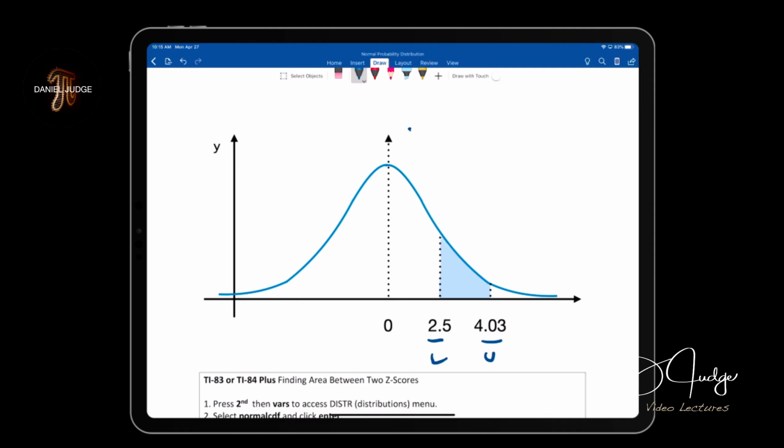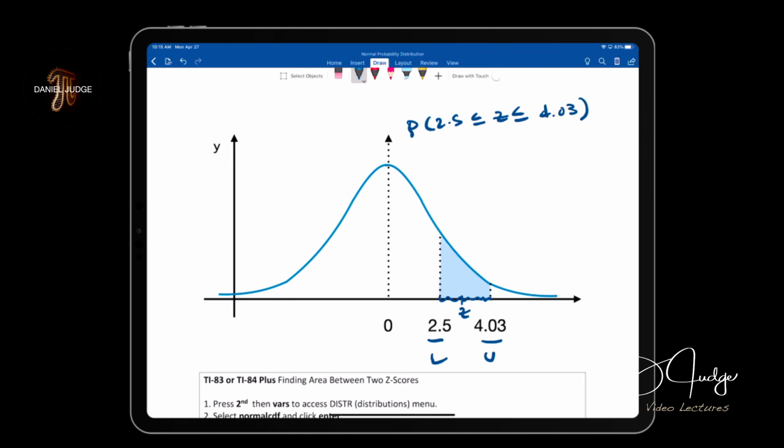This is looking at this notation-wise as my z value being between 2.5 and 4.03. Okay, this is looking at the between situation because z is between these two numbers. Okay, this is what we're talking about. This is that interval. This is the between.